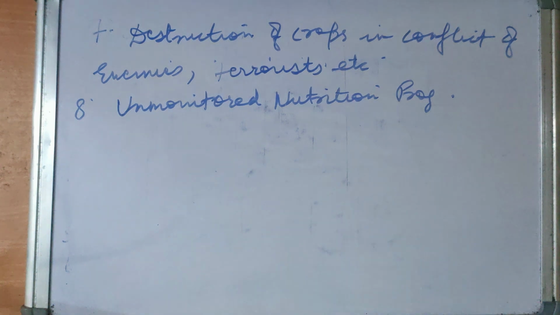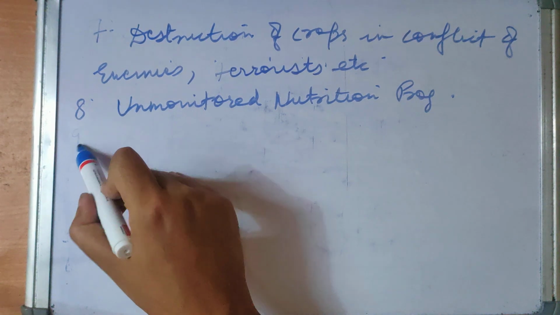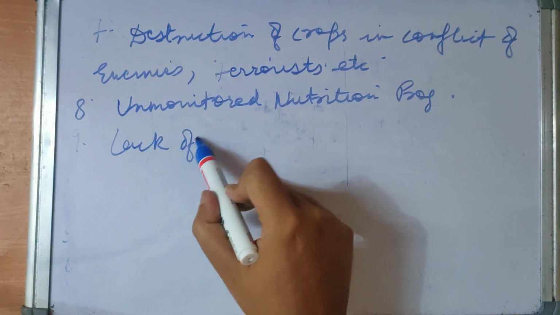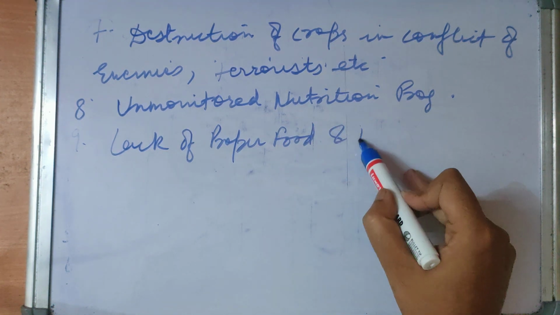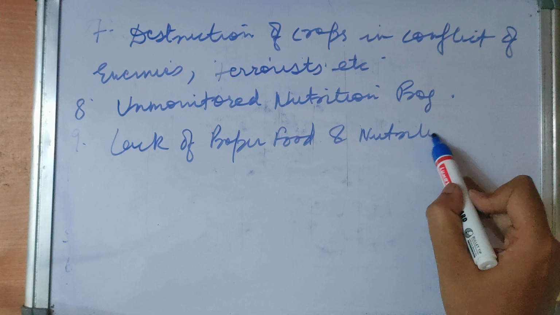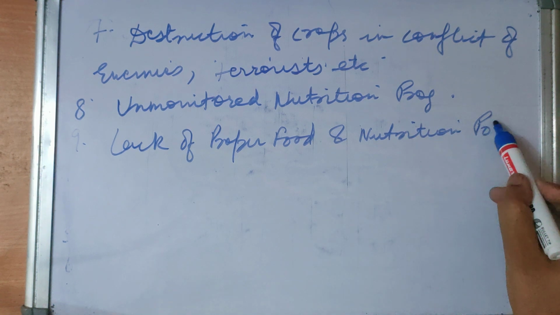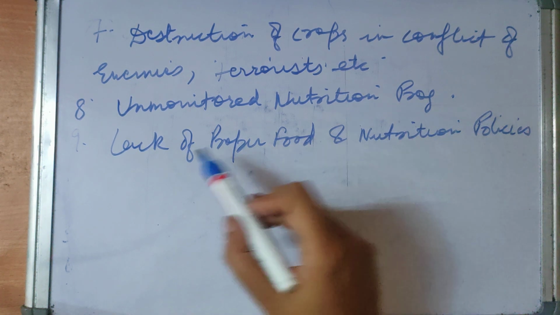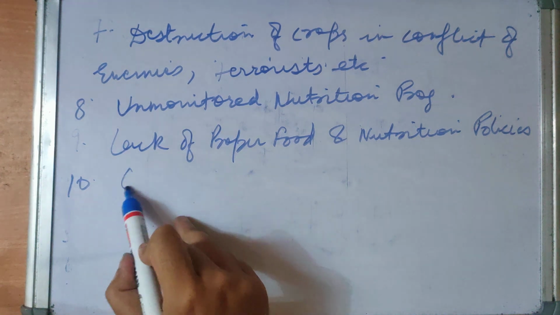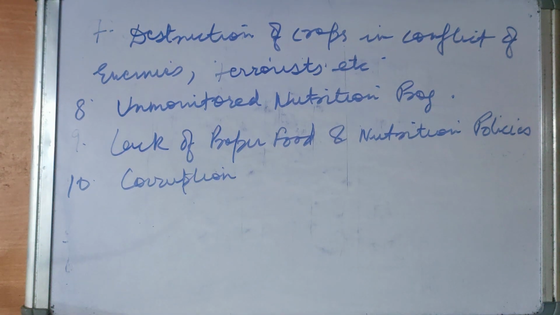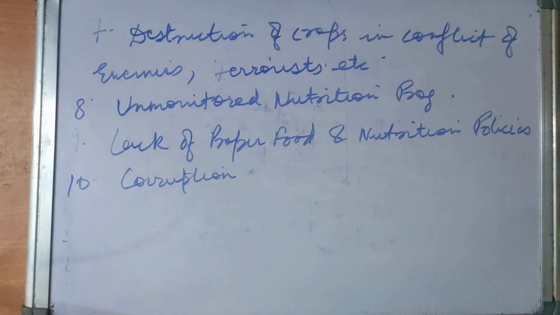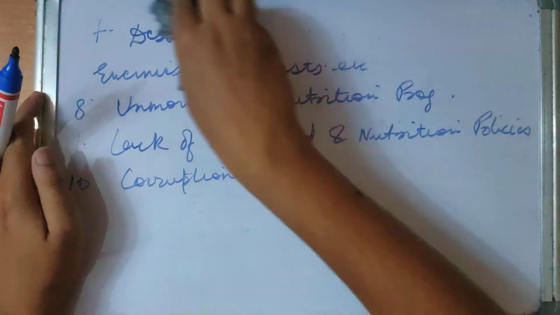Lack of coherent food and nutrition policies, and corruption. So these are major challenges to food security. Hope you all understand this.